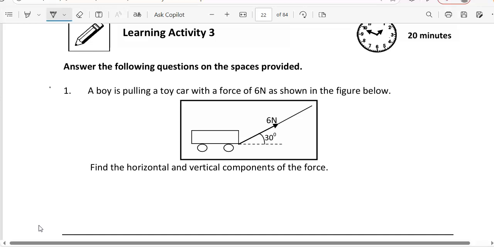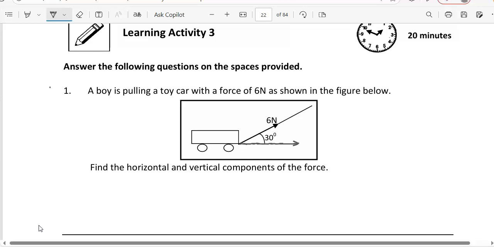First things first, I'm going to explain what they are referring to when they say the horizontal component and the vertical component. Let's take this force here. This force goes in that direction because this object is pulled to the right.